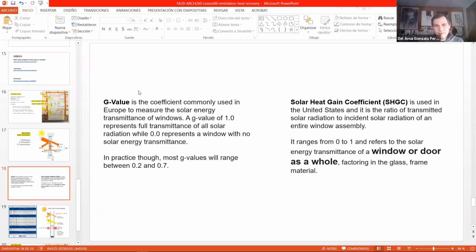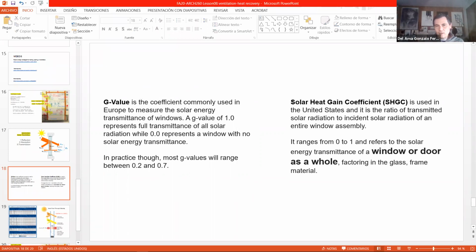So we tend to think that, okay, it's the same, because most of the window is glass. So the frame matters, yes, but there's like 5% of frame and 95% of glass. So in this course, we will mention either G value or solar heat gain coefficient. There won't be a difference between these two coefficients. Although you should know that it's different.